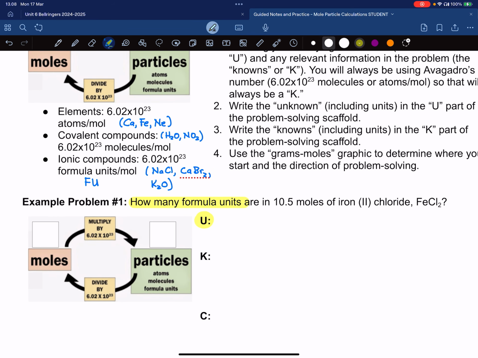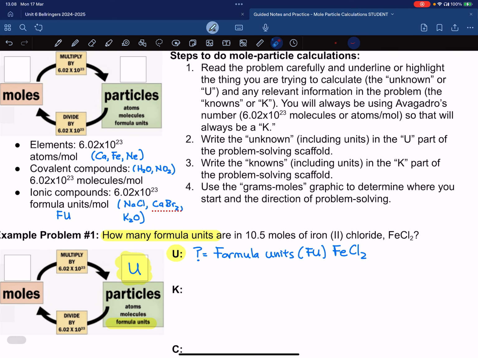So, formula units, that means that particles is my unknown. So, how many formula units, which I'm now going to abbreviate as FU, of FeCl2 are there?